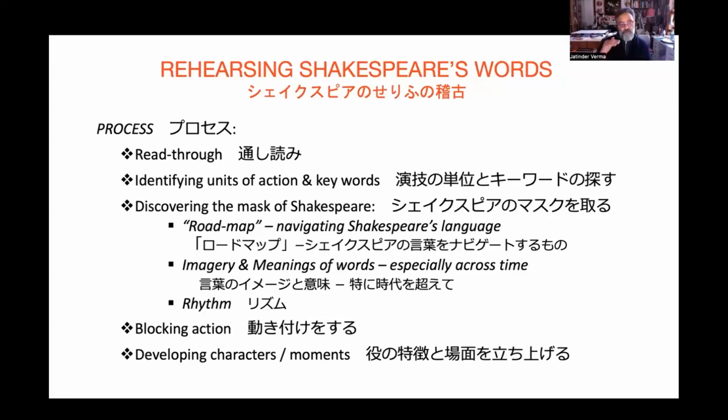That leads to the next stage, which is that during the reading, as they are moving around, we identify the different units of action, and within that, the key words. The units of action, just to explain: the play has 15 scenes broken up into 5 acts.